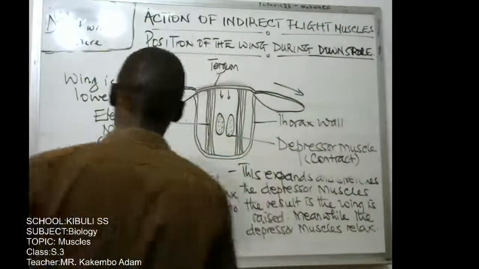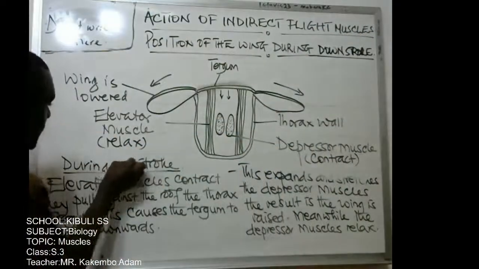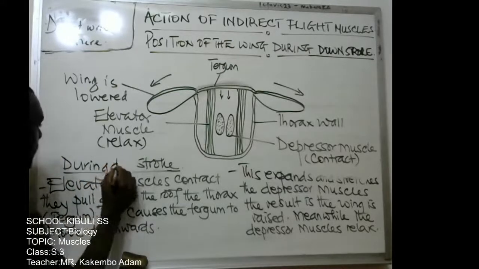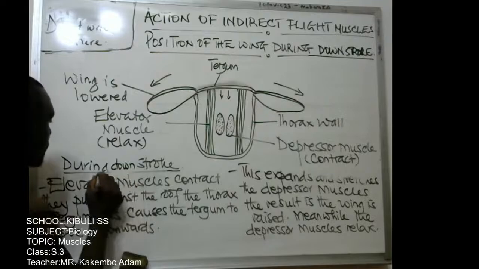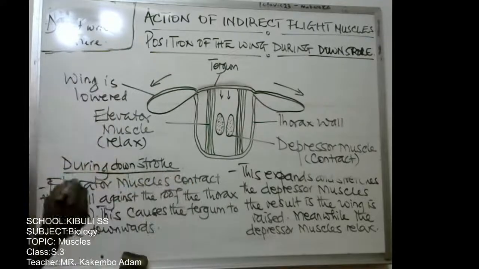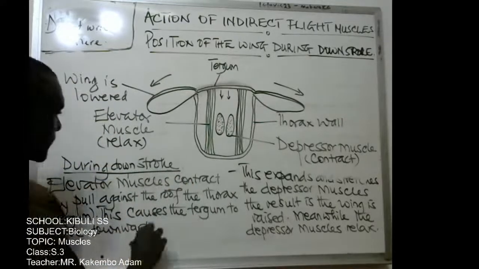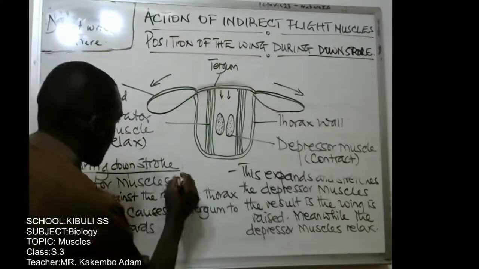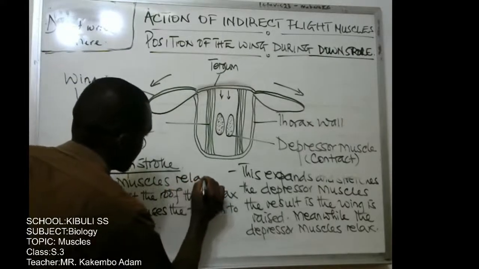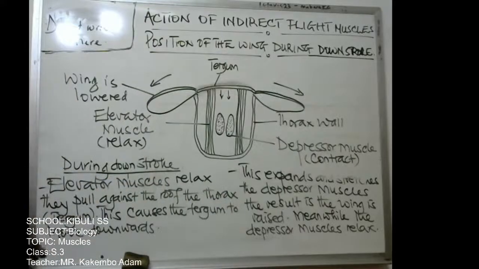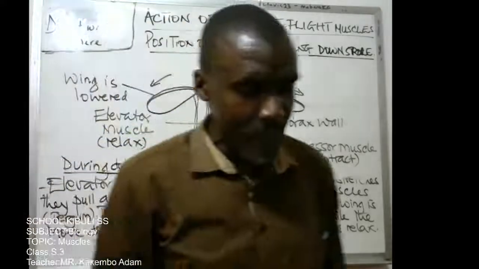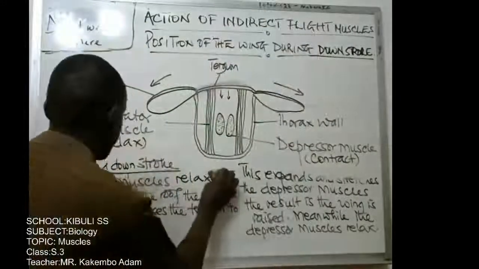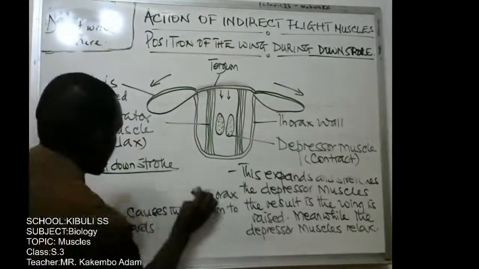During downstroke, as I've said, the opposite is just true for upstroke. So during downstroke, the elevator muscles relax. We can say, you can begin with the depressor.